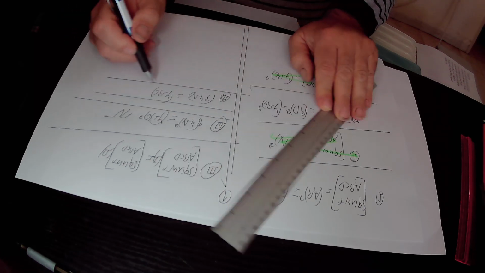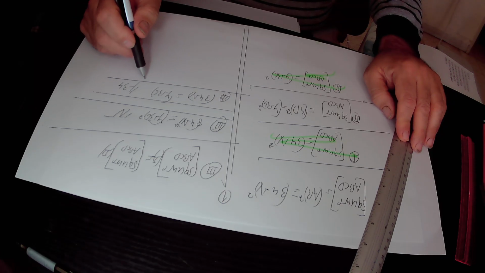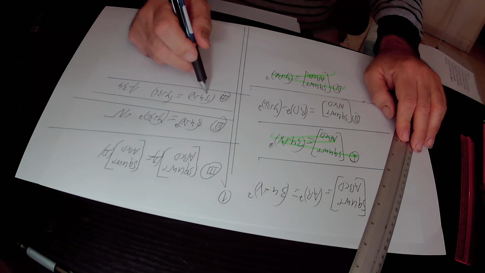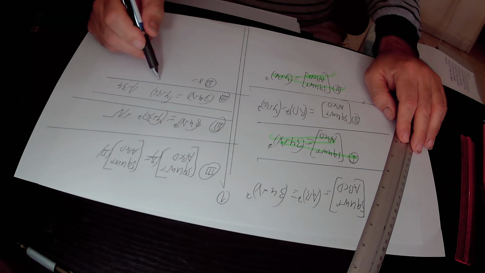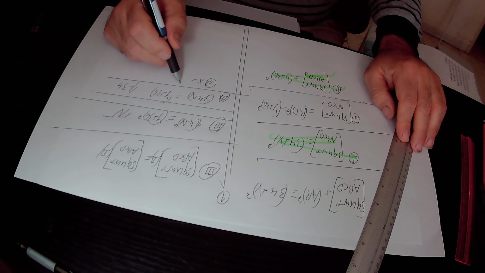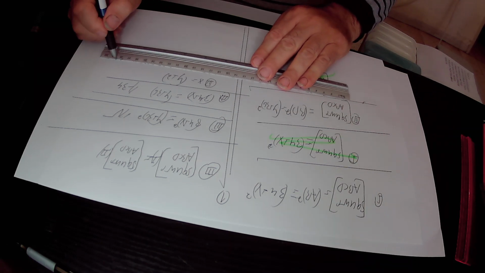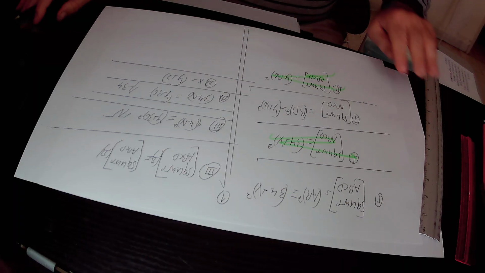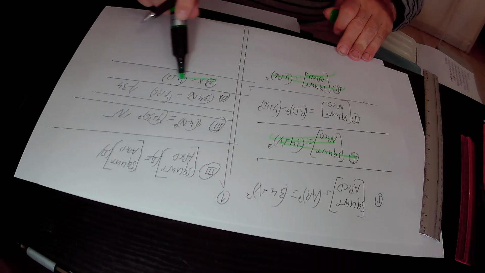Here we subtract 34 from equation 3. On this side, 34 gets cancelled and we are left only with x. On the other side, we have 36 minus 34 is 2, so we are left with y plus 2. So in total, according to equation 3, we found that x equals y plus 2.